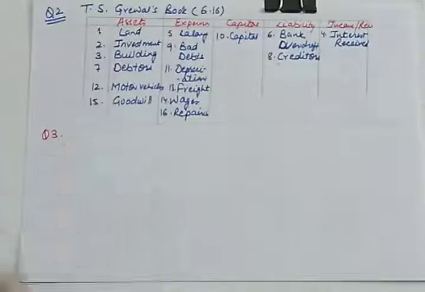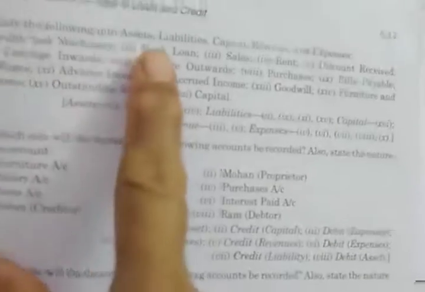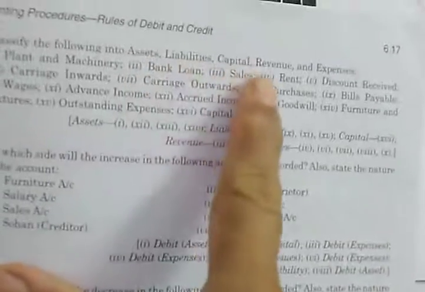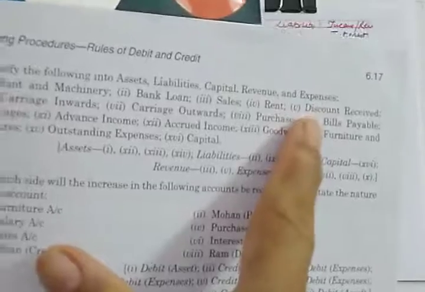Now let us move to question number 3. I hope you will be able to see question number 3 on your screen. Classify the following into assets, liability, capital, revenue and expenses. It means they are talking about the modern approach.